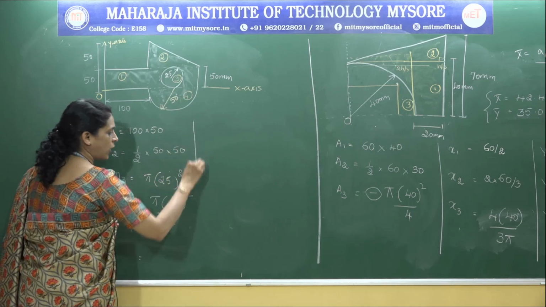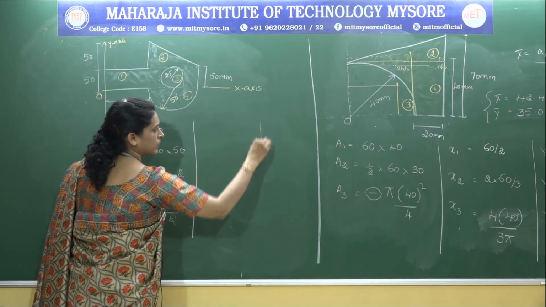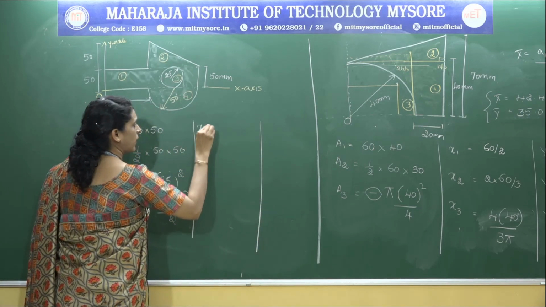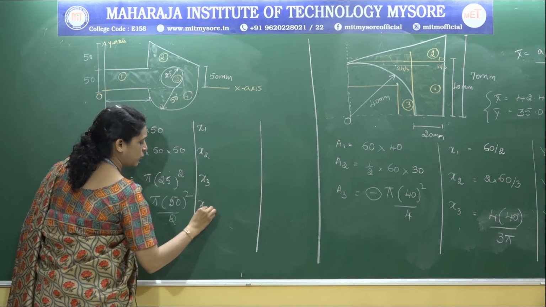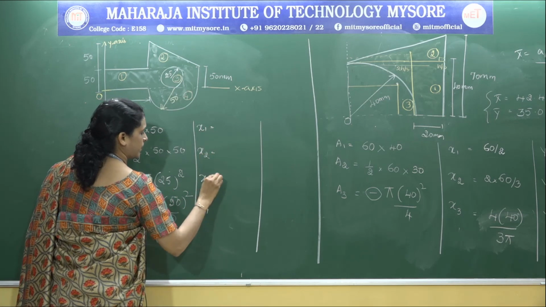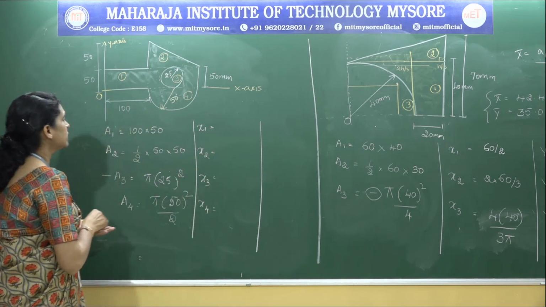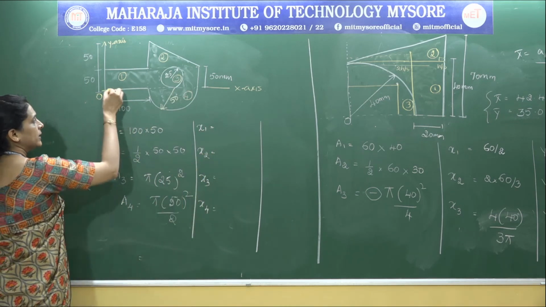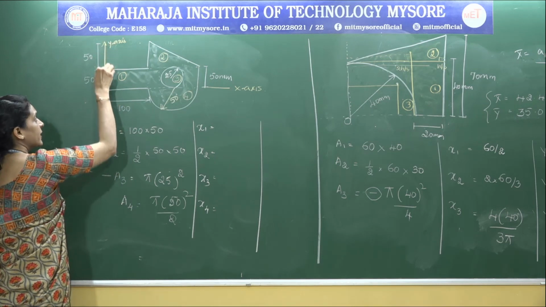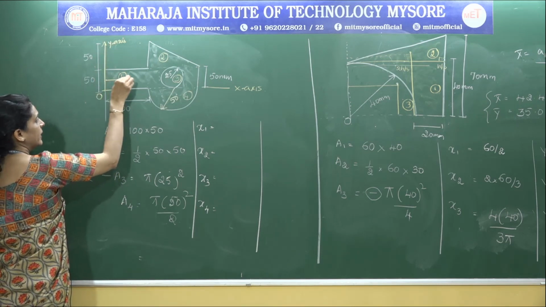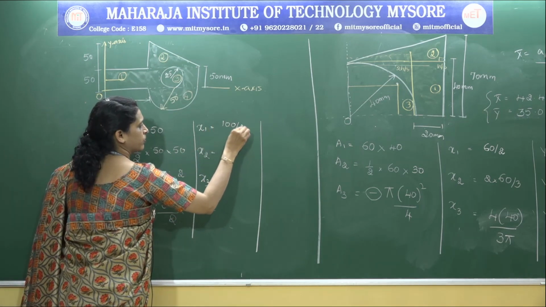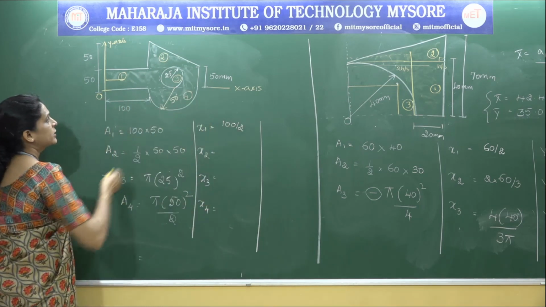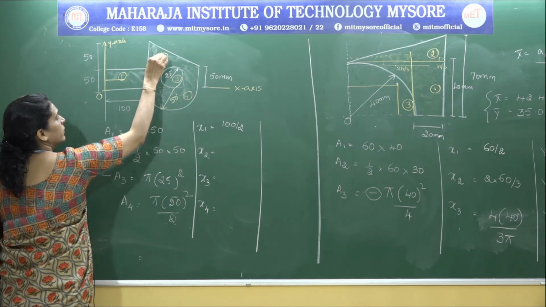Next, finding out x1, x2, x3 and x4. What is the value of x1 considering y as the reference axis? It is 100 by 2. Next, x2 is here.